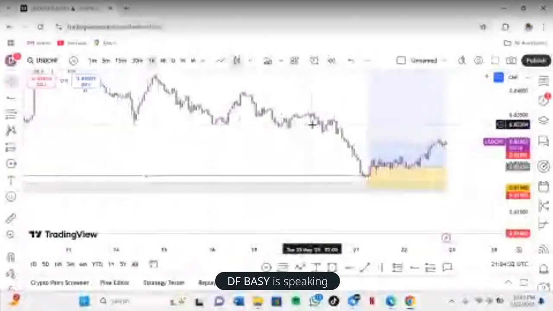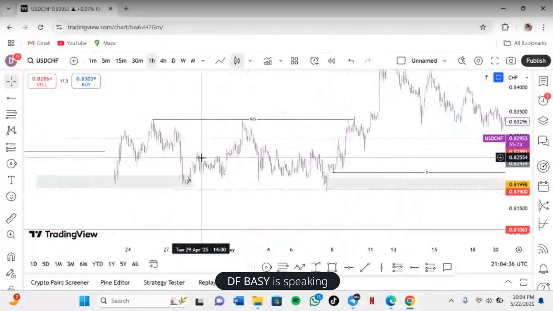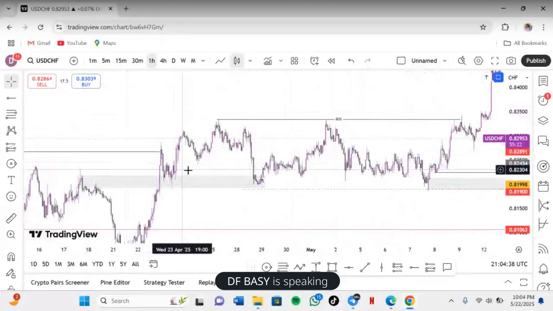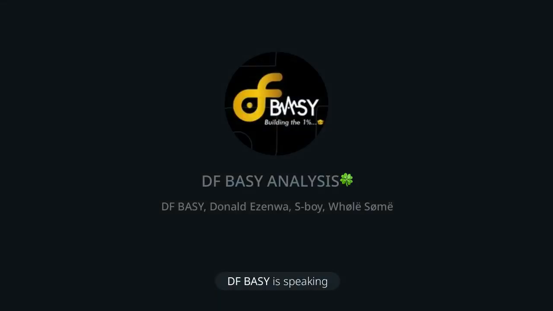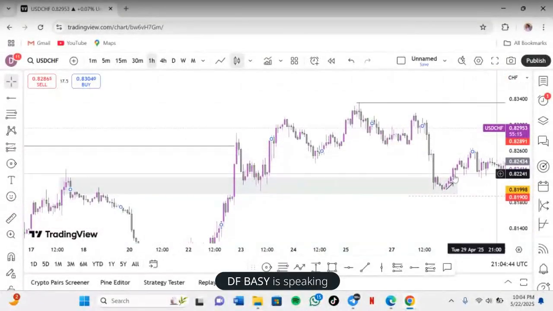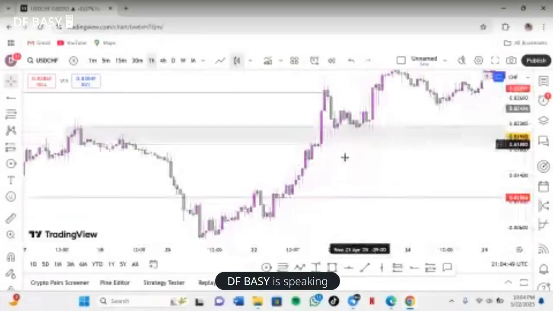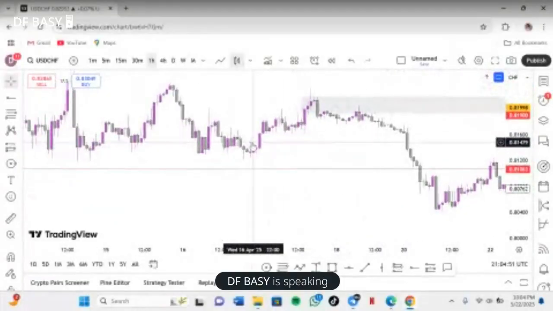I don't know, but if any of you took this trade that I dropped on the Telegram, you should be in profits by now. Still holding the trade though, but the market is a bit slow. I'll check the economic events that are happening, but I don't understand why the market is very slow these days.